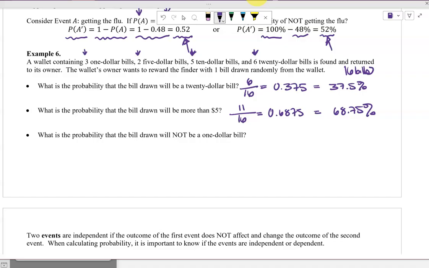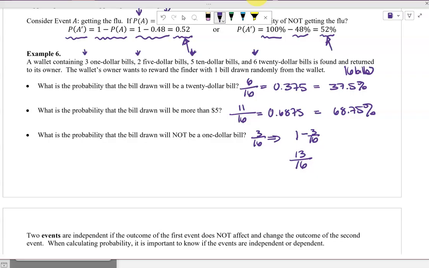Okay, what's the probability that the bill drawn will not be a $1 bill? Well, let's figure out the probability that it is a $1 bill and then subtract it from 1. So it is a $1 bill is 3. So 3 out of 16 ways we could get a $1 bill. So I have to do 1 subtract 3 out of 16. So 1 subtract 3 out of 16 is actually 13 out of 16.